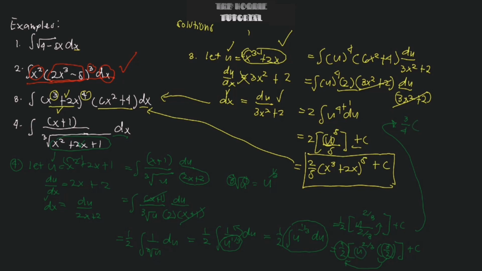Our original u is x squared plus 2x plus 1, and then of course the exponent, which is 2/3, and then never forget plus c. So therefore this would be our final answer for example number 4.